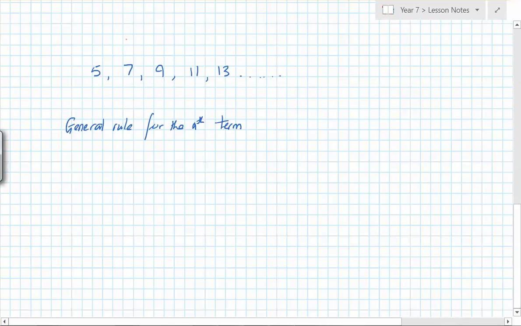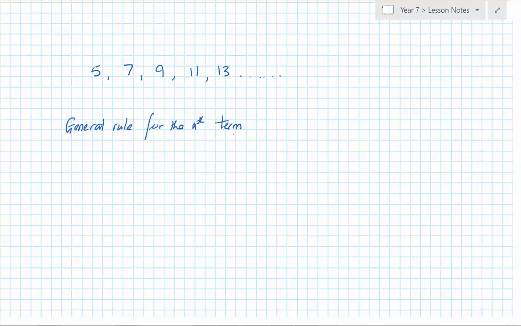I think it would be 4n plus. What's your reasoning for 4n? Because 4 times 1 equals 4, add 1. So you think 4n plus 1, because that makes 5.